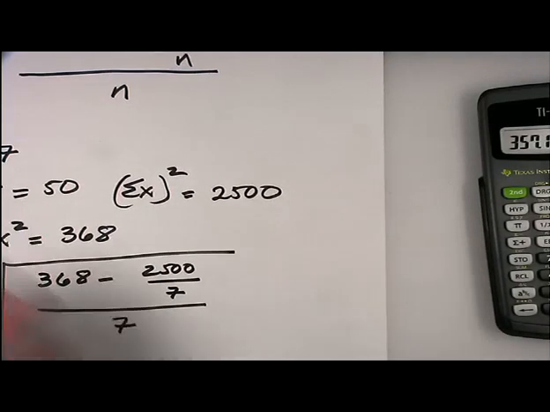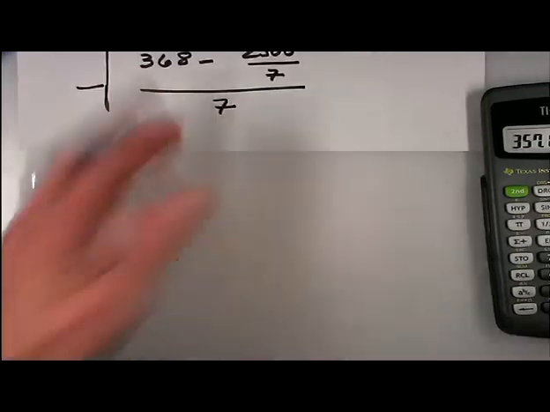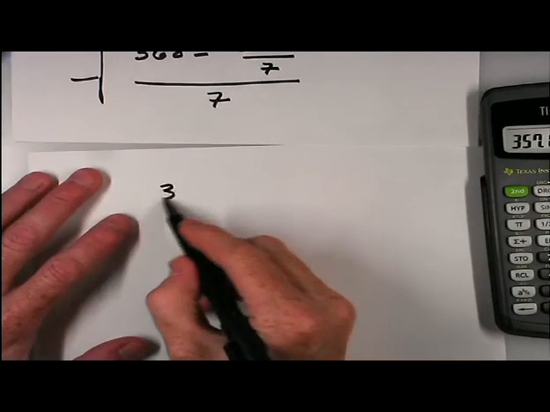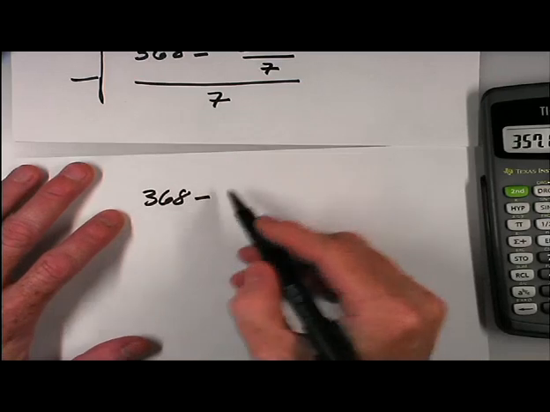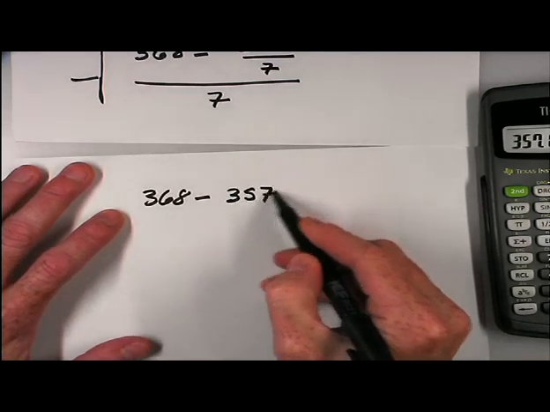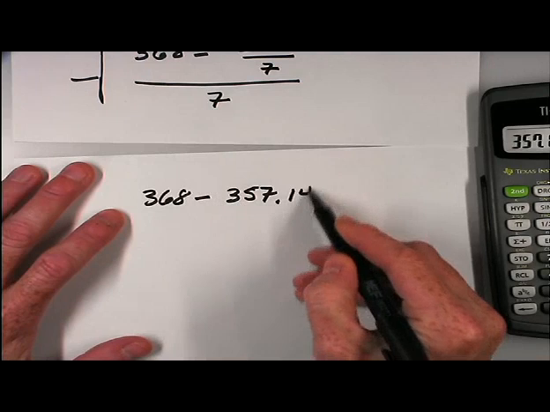So you're going to have 368 minus 357.14.